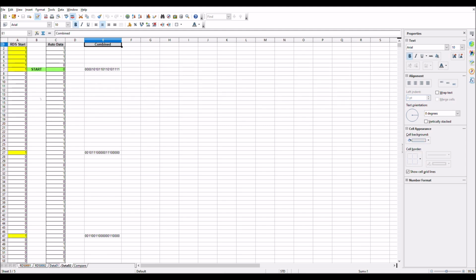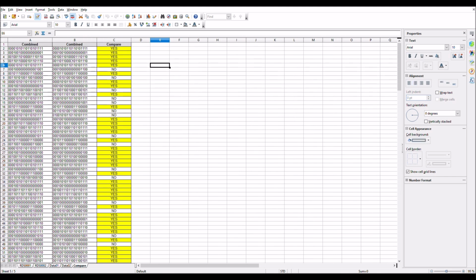I did the same for RDS2, and then I put them next to each other into a column and did a compare to see if there's any difference. And as I said, I would expect only one digit to change, but apparently there's a lot more differences.